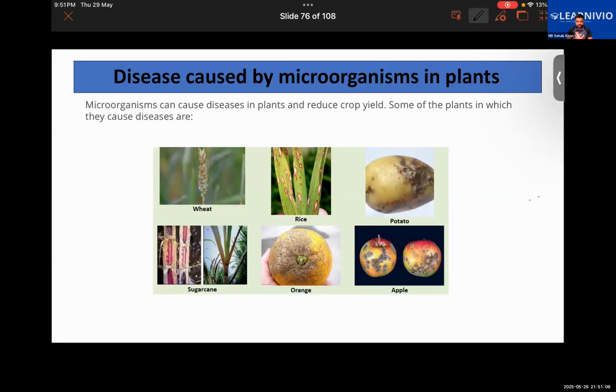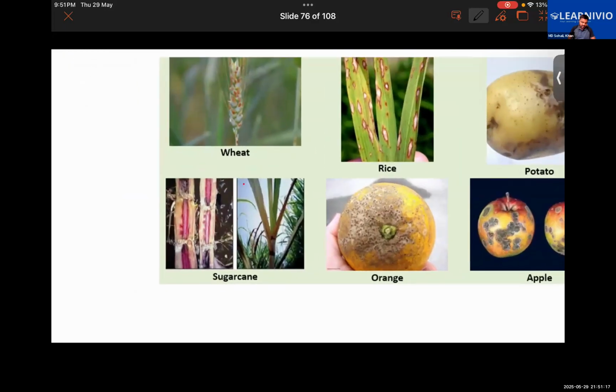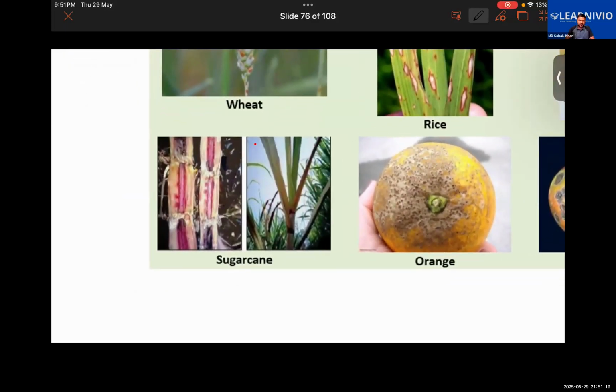You might have observed that if a sugarcane plant is cut from the middle, sometimes there can be some redness visible in the flesh of the sugarcane. The internal juicy part of the sugarcane may look red in color. That is actually an infection. It is suffering from a disease.